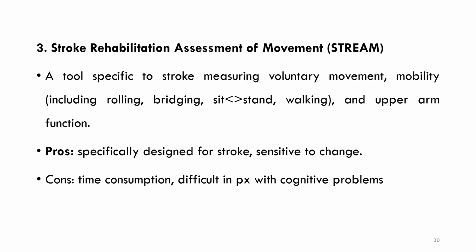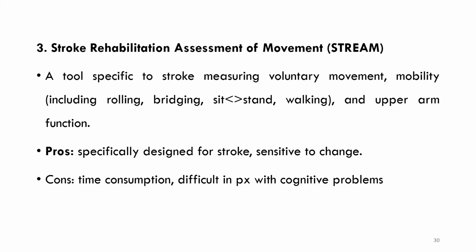So we have another tool that is a comprehensive one, the STREAM. It's specific to stroke patients. It measures voluntary actions that are performed by the stroke patients, for instance, breathing exercises, rolling on bed, and then upper limb functioning.